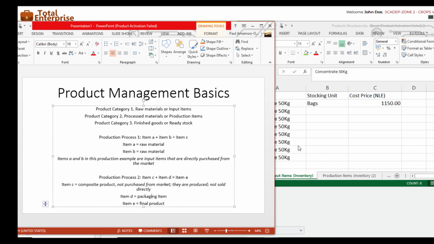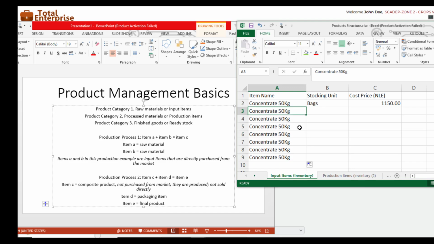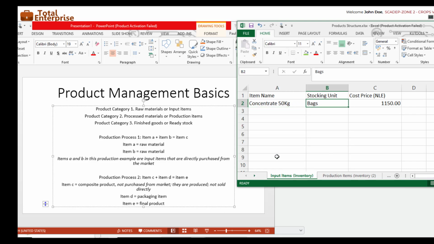So when you are setting this up, you set this up as an input item, a packaging item here. If I had two such packaging items, I could add packaging item 1 and then packaging item 2, and you have to describe your packaging items.